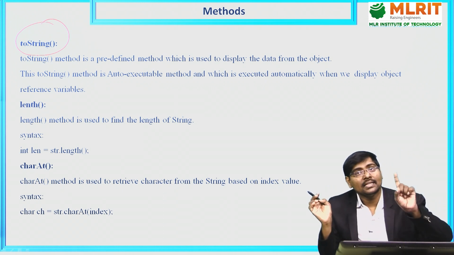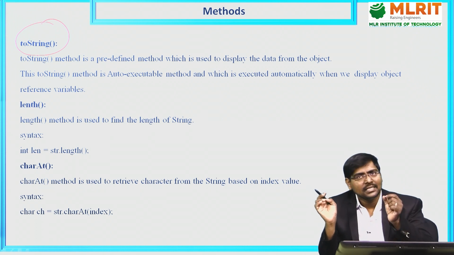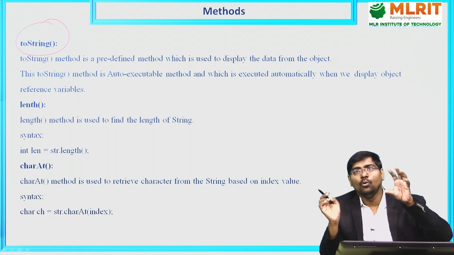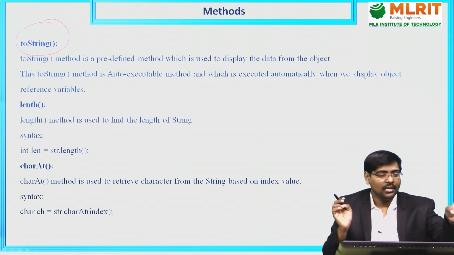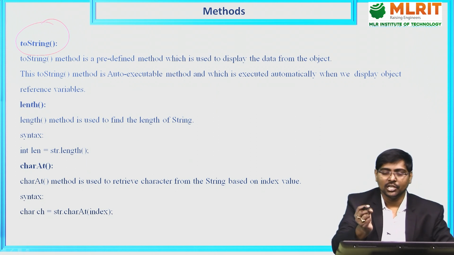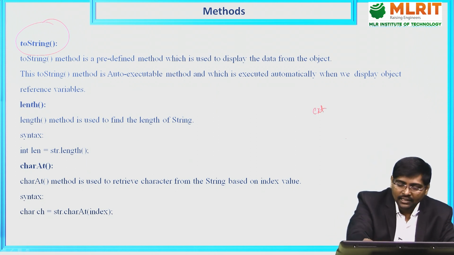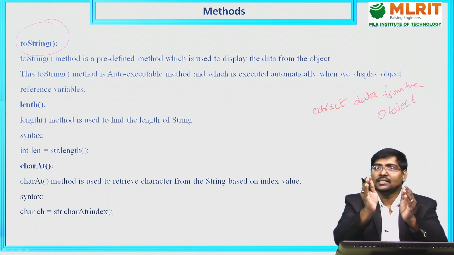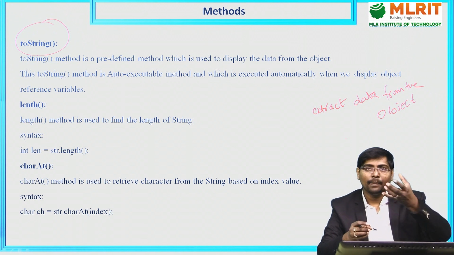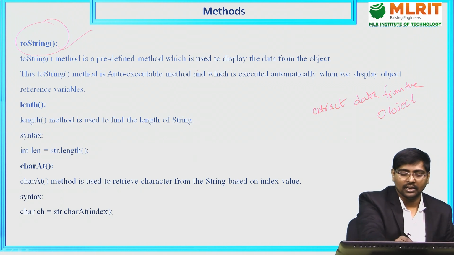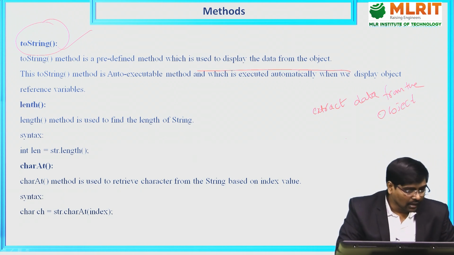Fine. There s is not a primitive data type. S is an object. How do we print the value? Generally, the toString method is available, which is used to extract the data from the object. String is an object, and whatever data is present within that object, to extract it you use the toString method, to display the data from the object.